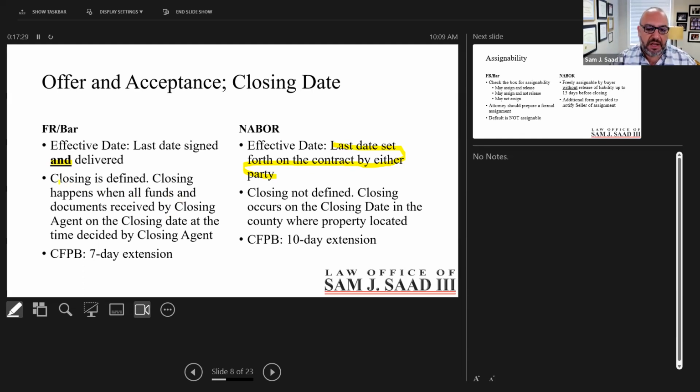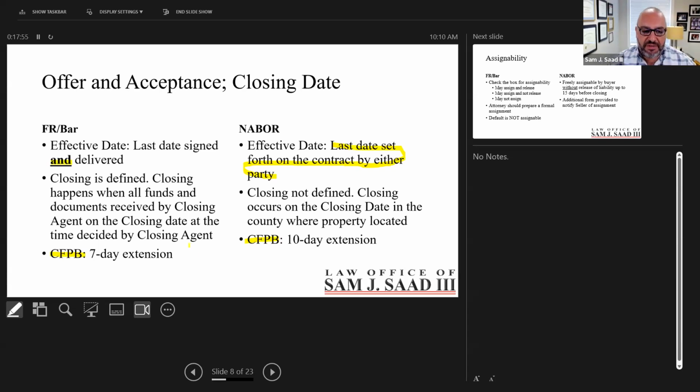And as I'll talk about later, time is of the essence under every deadline in FRBAR, but for NABOR, it's only the closing date. So we will have a closing on the closing date stated in the contract under both deals. And of course, the Consumer Financial Protection Bureau, those are extensions that can be provided for lender compliance. FRBAR used to be 10 days.